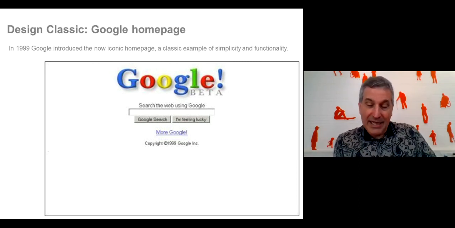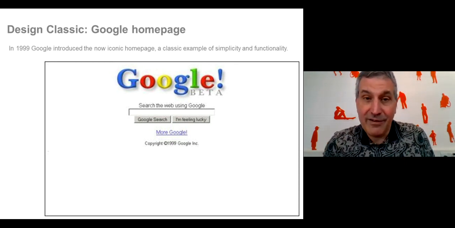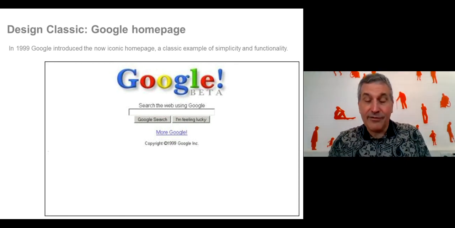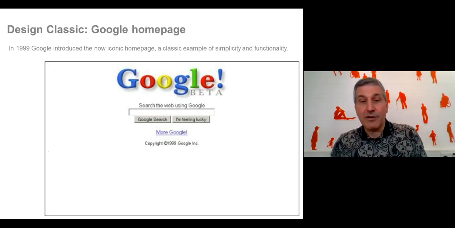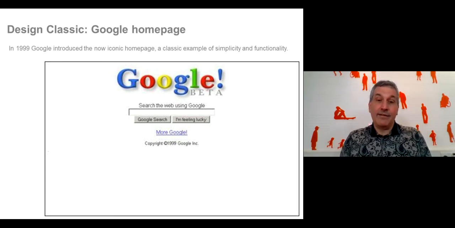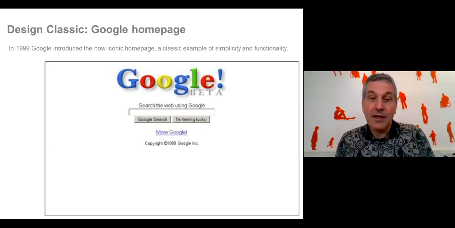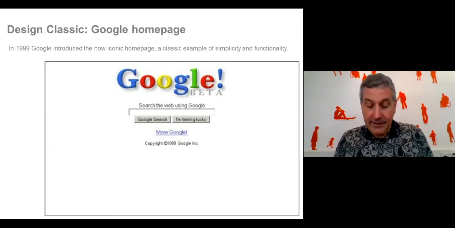And there's no point putting advertising or lots of other things on the screen because you're here to find some website or some information. You're not interested in anything but that. So there's the box to type it in. I'll see what I can do. Google is an excellent example, the homepage of a design display which meets all the main criteria.